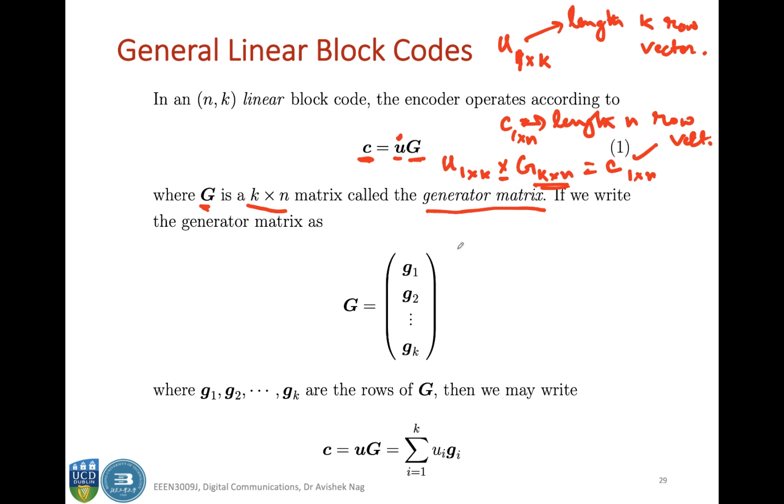So if you write the generator matrix like this, where G1, G2, etc. up to Gk are the rows of the matrix capital G, then you may write C, which is equal to U times G, is basically the sum of Ui Gi. So each bit in U is multiplied with each row in the generator matrix, and then you sum this over i equal to 1 to k.